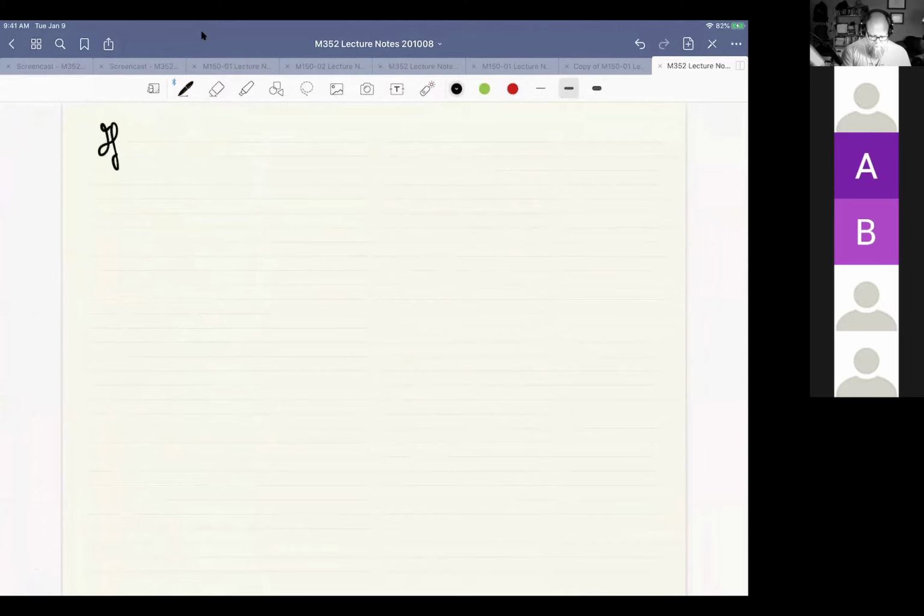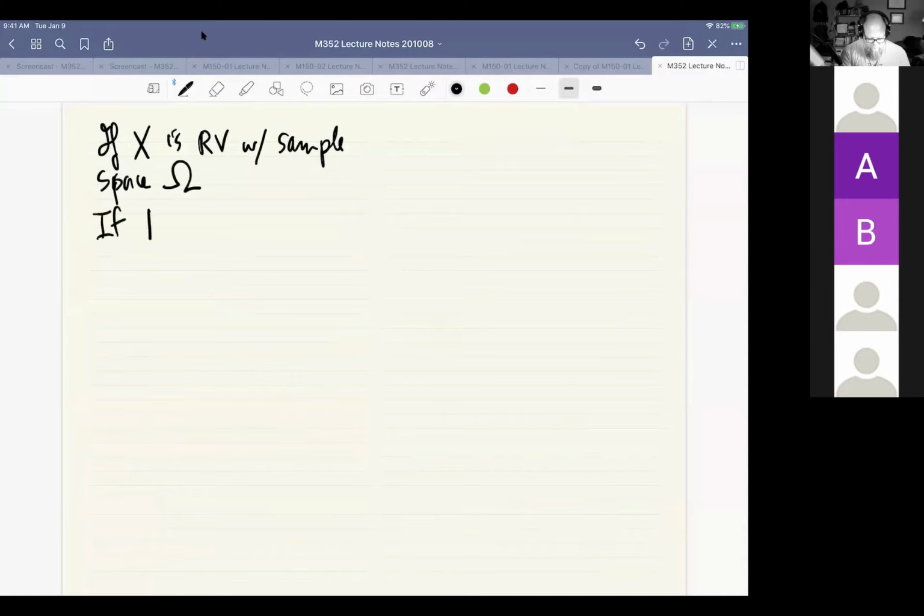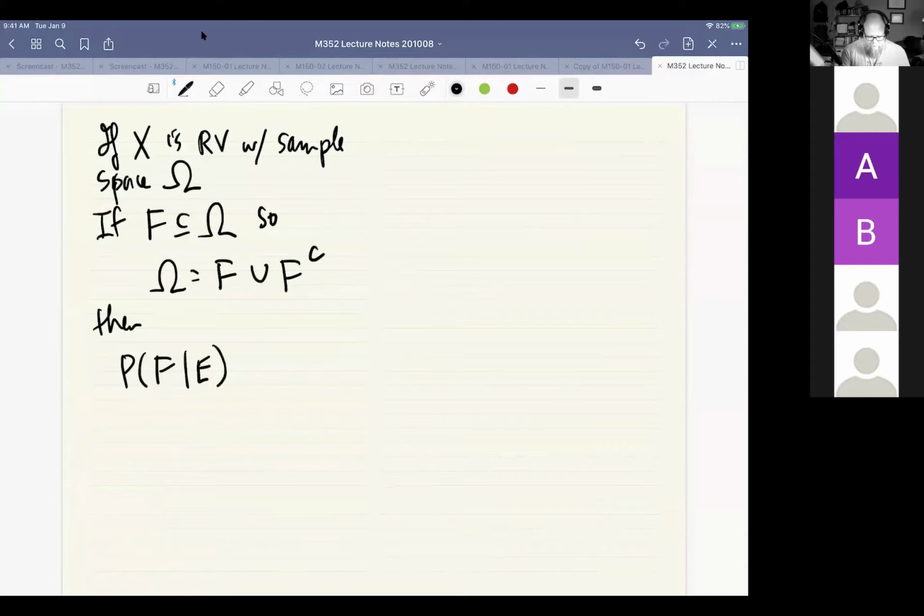So in particular, if X is a random variable with sample space omega, and F is an event in omega, so omega equals F union F complement, then the probability of F given E plus the probability of the complement of F given E have to sum to 1.